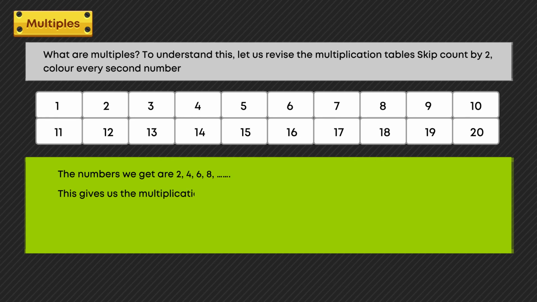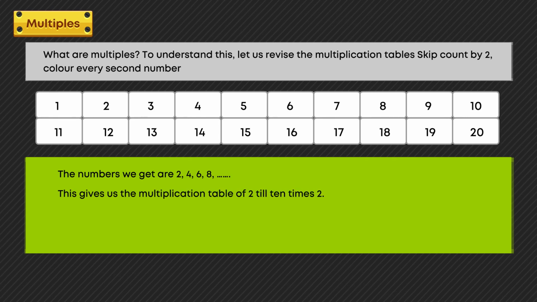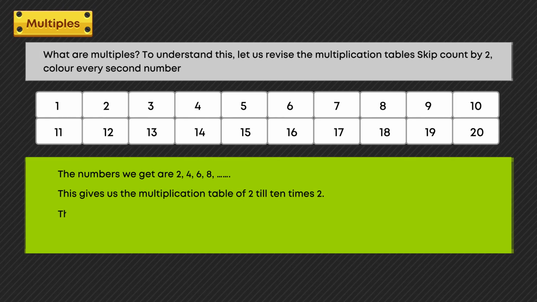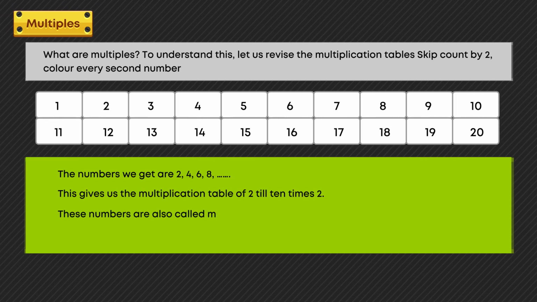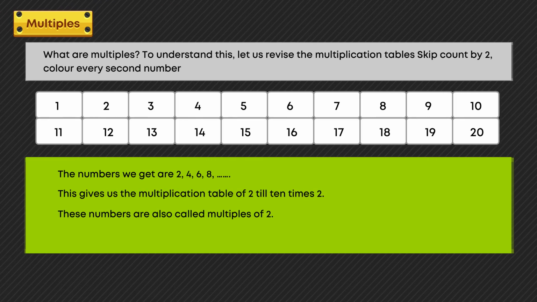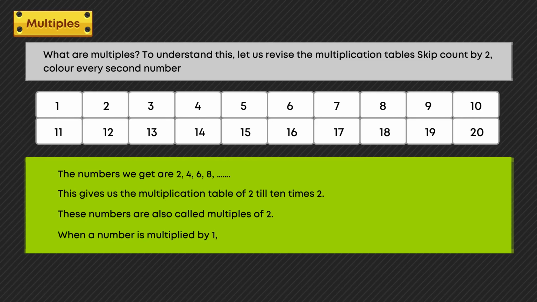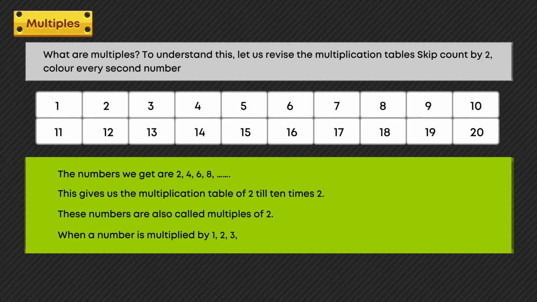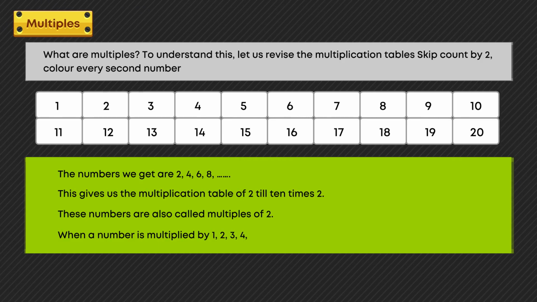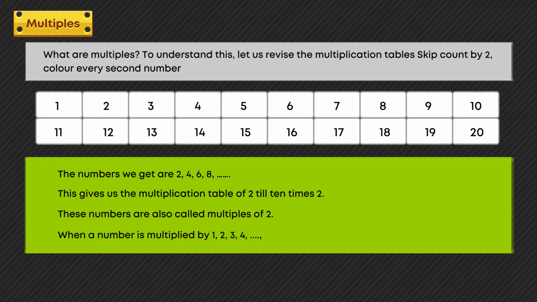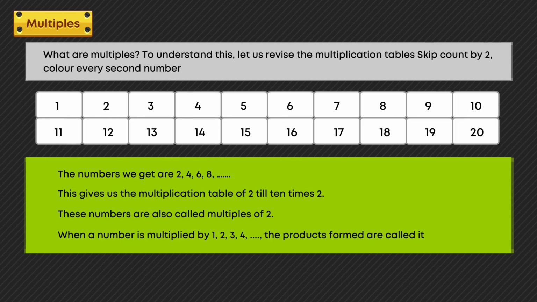This gives us the multiplication table of 2 till 10 times 2. These numbers are also called multiples of 2. When a number is multiplied by 1, 2, 3, 4, and so on, the products formed are called its multiples.